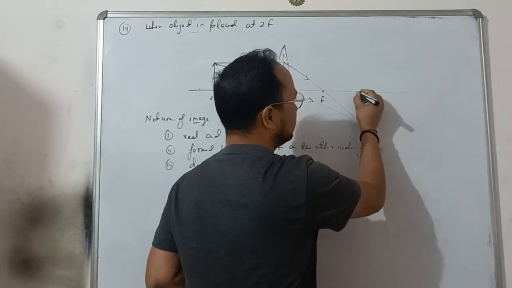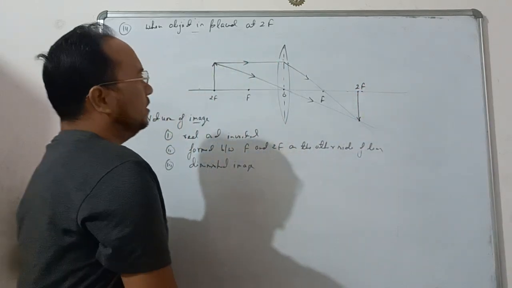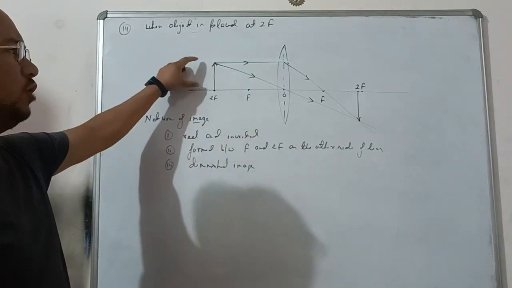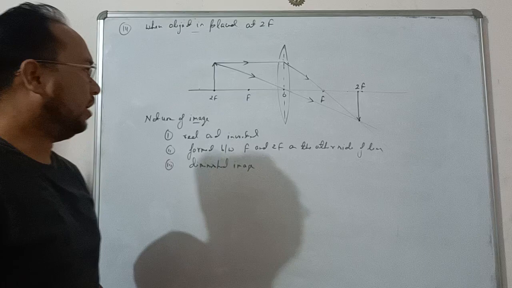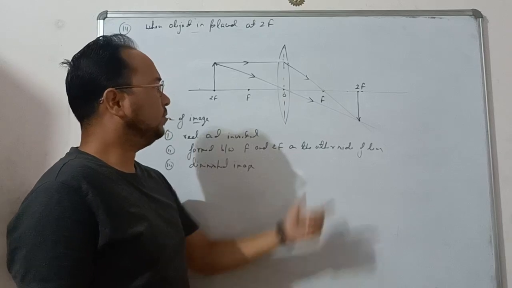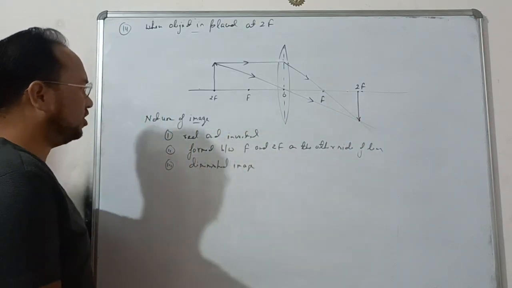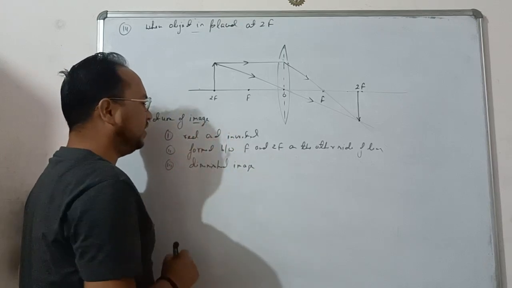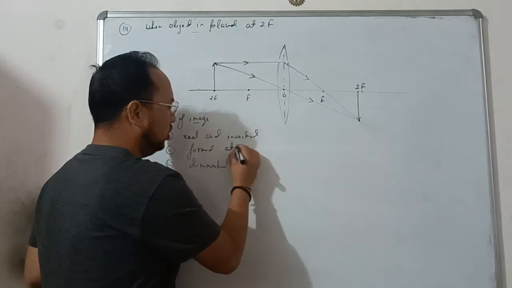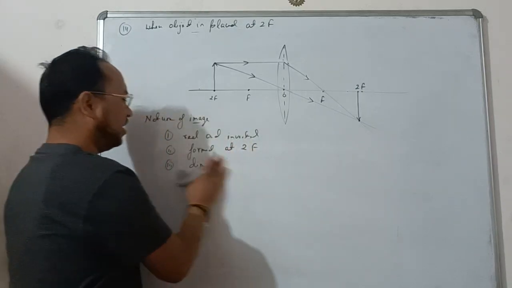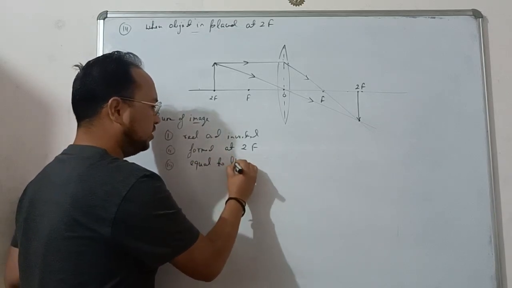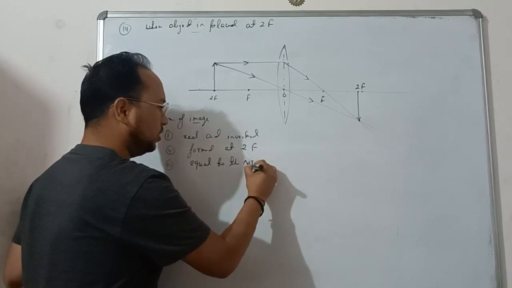This is the image, exactly formed at 2f, and its size is equal to the size of the object. As for the nature of the image, real or virtual, it is a real image, and because it is an inverted image, we can say the nature of the image is real and inverted, formed at 2f, and the size is equal to the size of the object.